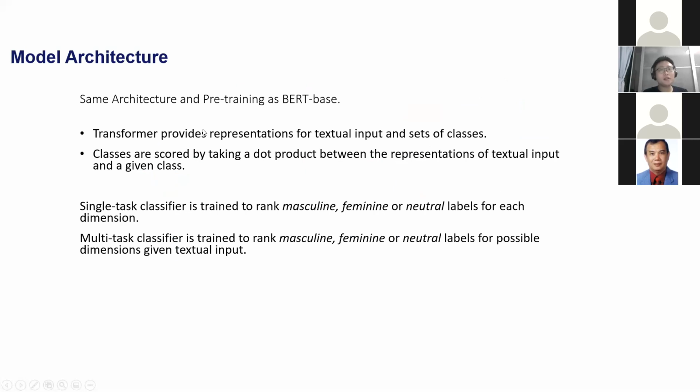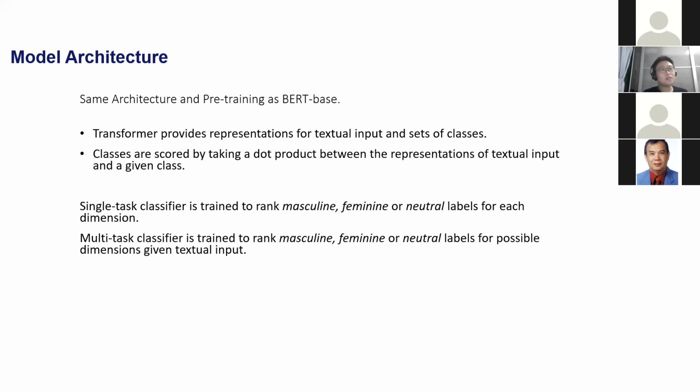Okay, so the model architecture of the classifiers that they're using is basically the same architecture and pre-training as BERT-based. So basically the transformer provides representations for textual input and sets of classes. And classes are scored by taking a dot product between representations of textual input and a given class.